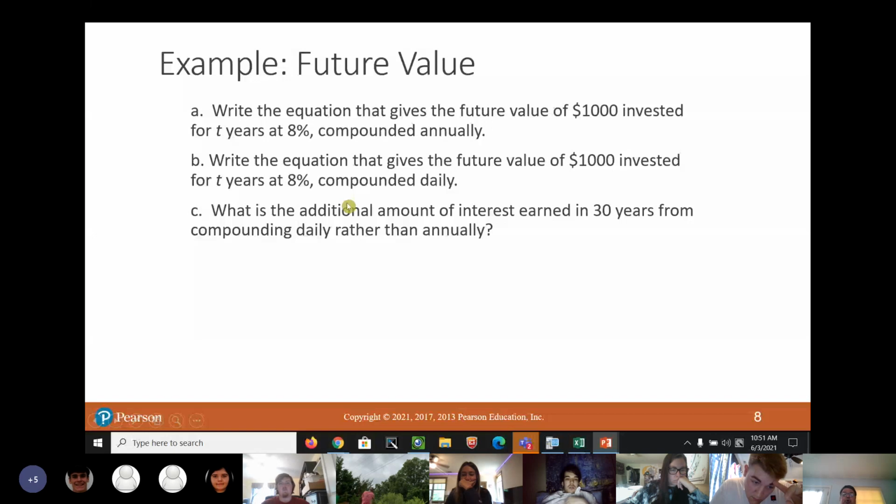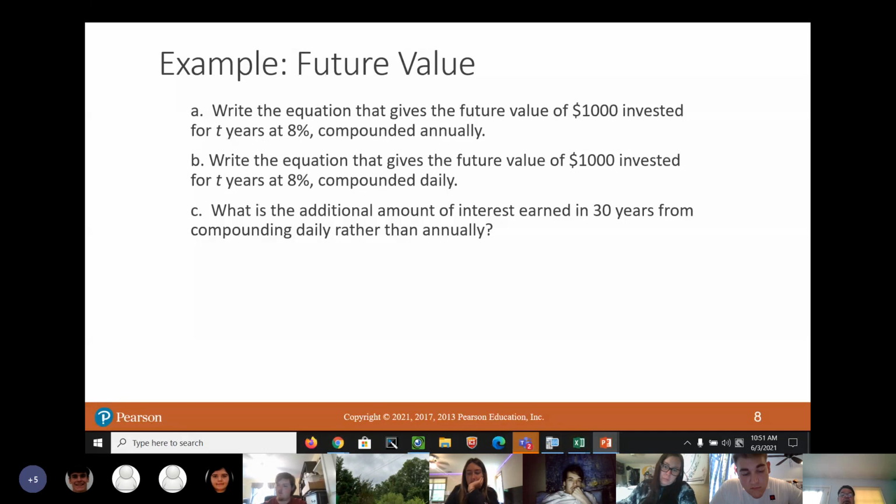Instead of 2 years, we're gonna do 15 years. On A and B, T is equal to 15. And what does it say? What is the additional amount of interest earned in 30 years from compounding daily rather than annually? Okay, I'll do C. C, T is equal to 30 years.